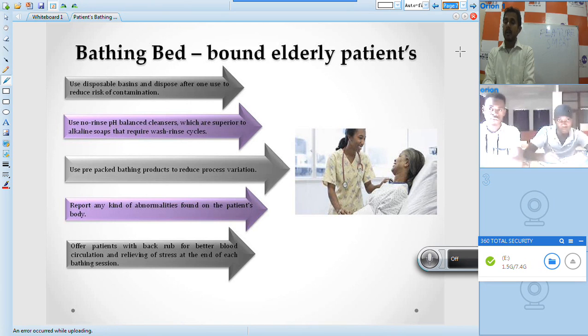So the risk of infection, or the chances of contamination from one patient's infection to another patient, can be prevented.